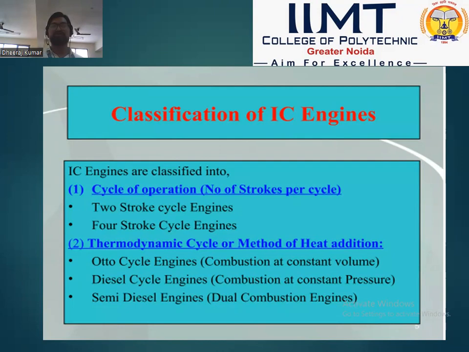First, constant pressure heat addition, reversible adiabatic expansion, constant volume heat rejection, and reversible adiabatic compression. The dual combustion engine has two combustion processes. First, constant volume process. Second, constant pressure process. Then reversible adiabatic expansion, constant volume heat rejection, and reversible adiabatic compression.